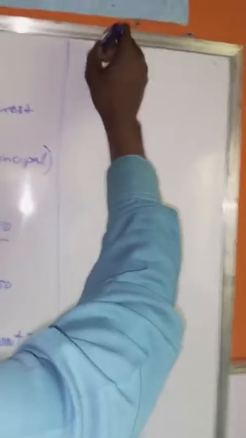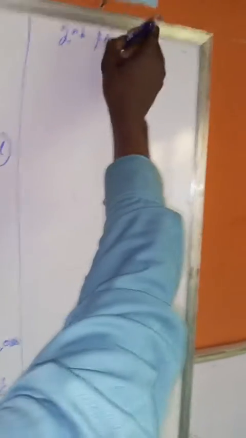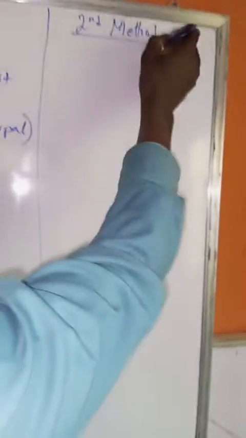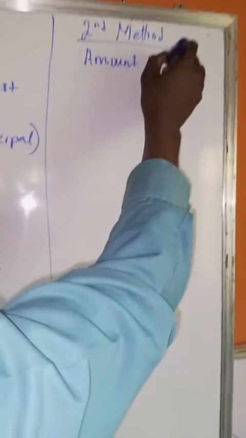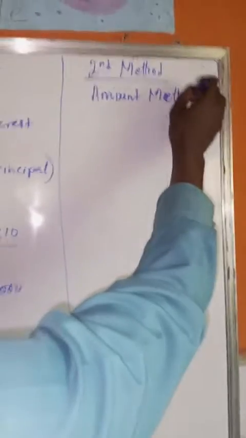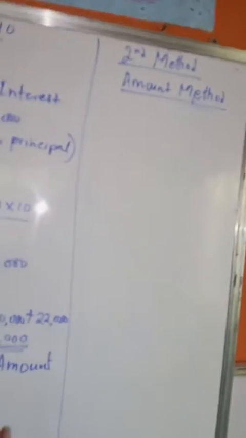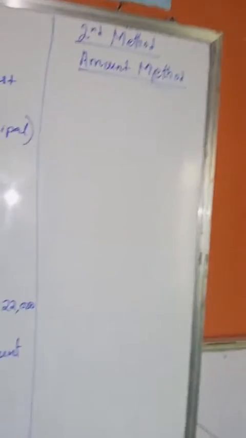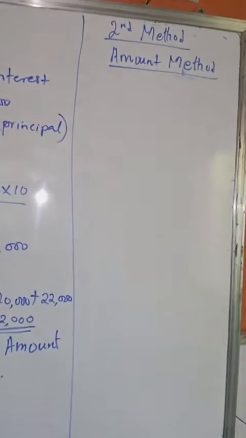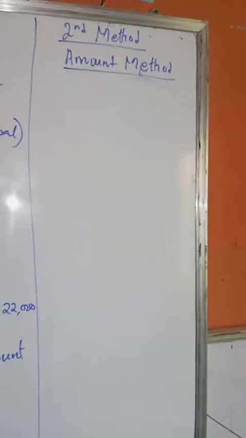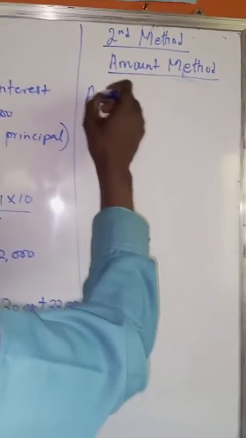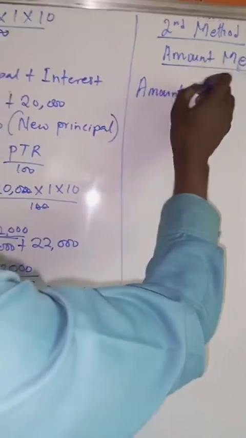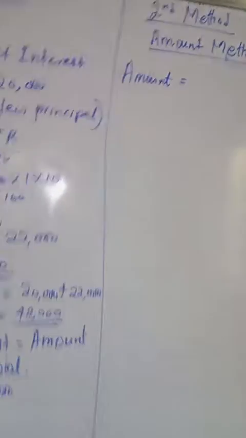So the second method, we call it the amount method. This amount method is the method that makes use of a formula that has been put together for the amount under compound interest.